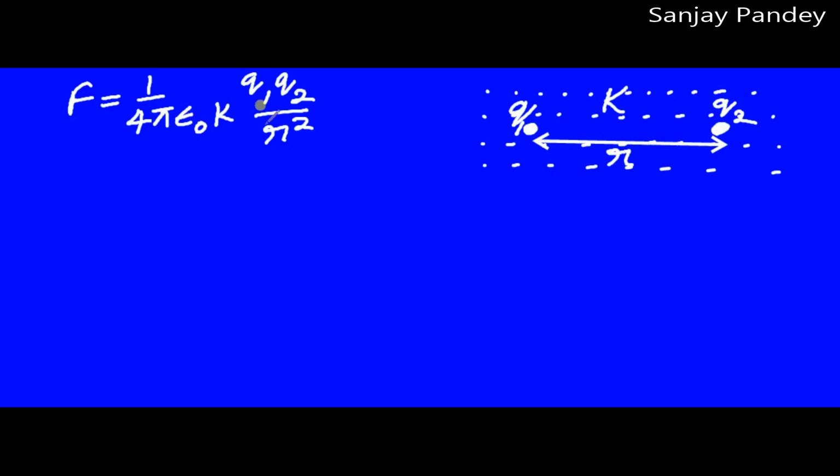We can also write this equation as 1 upon 4 pi epsilon naught q1 q2 upon k r square.